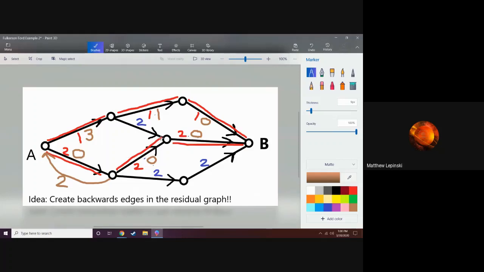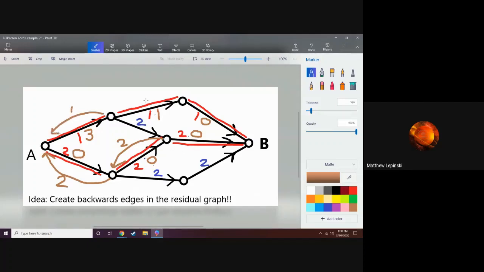And similarly here, let's draw this. And then let's draw, let's say this.